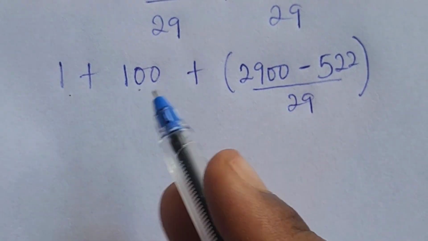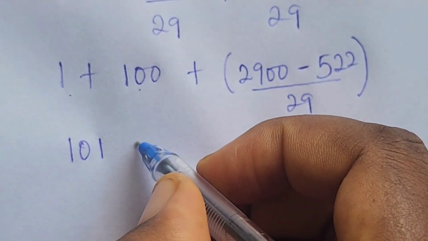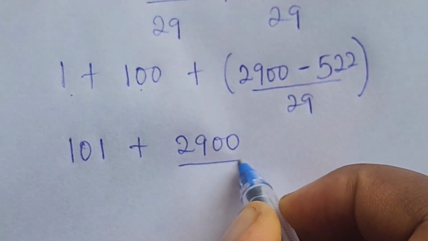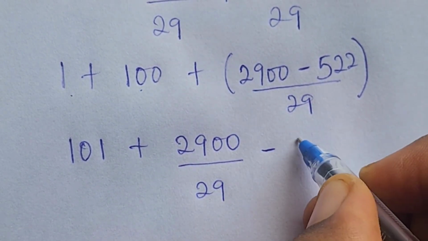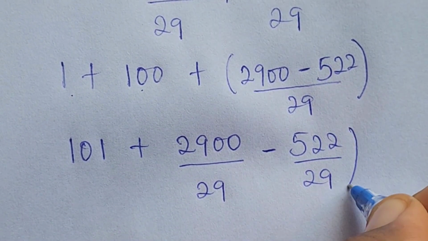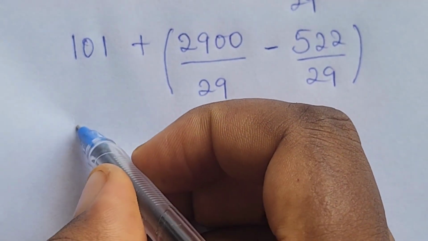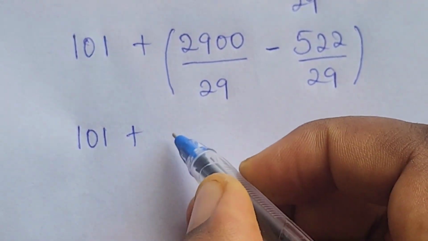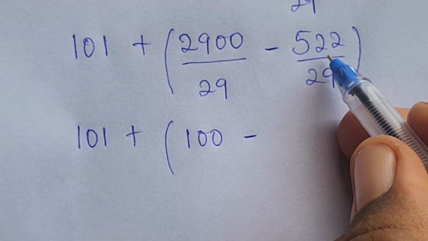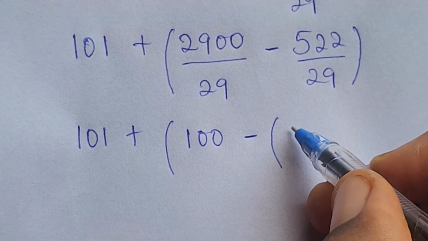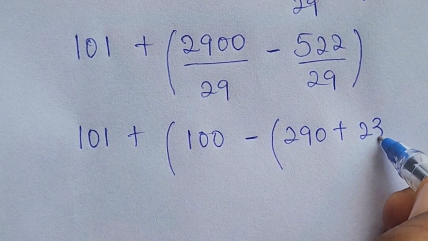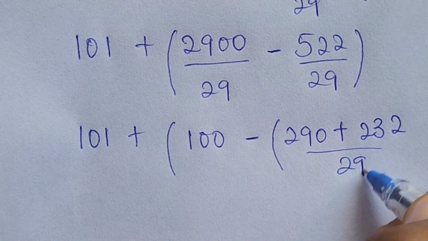So we have 1 plus 100, which is 101, plus we have 29 all over 29 minus 522 all over 29. So resolving this, we have 101 plus this divided by this, we have 100 minus our 522, which is the same as 290 plus 232 all over 29.